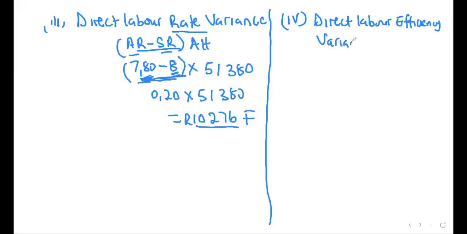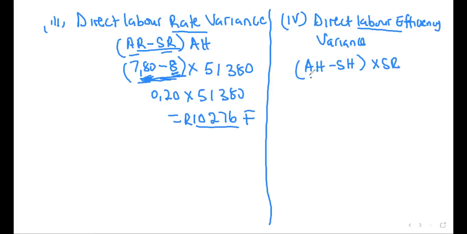What is going to be our formula? Direct labor, so we are looking at the quantity variance. We are going to look at actual hours minus standard hours times.